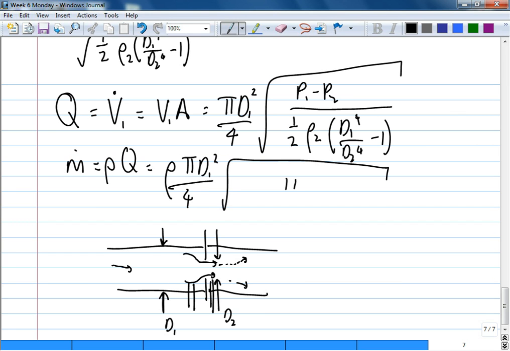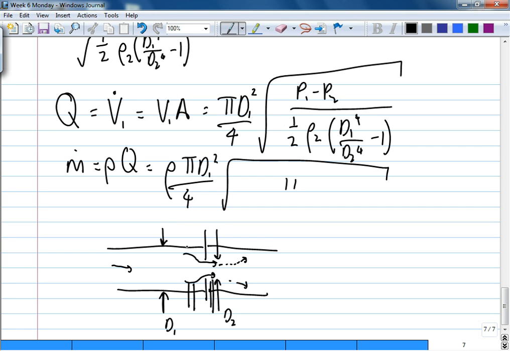The other one, you have to make the cone shape, make a smaller pipe, then gradually expand back again. More expensive. Especially if it's a big pipe, a lot of welding to do, not easy to shape that conical shape and all that. So this one is a lot cheaper. Principle is also the same.